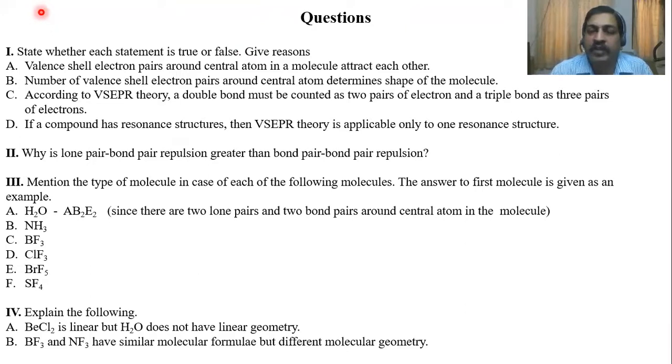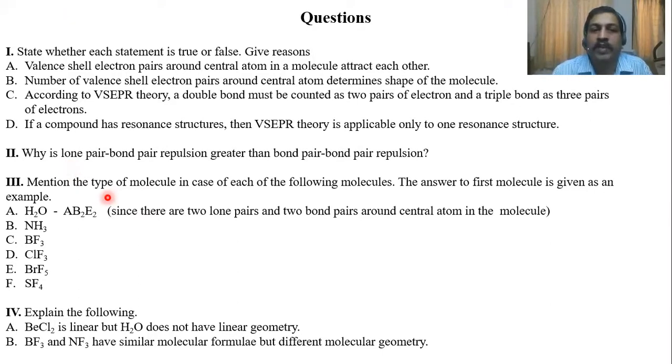You will be able to answer these questions if you have understood the postulates of VSEPR theory. Next, why is the repulsion between lone pair and bond pair greater than bond pair repulsion? If you know the difference between lone pair and bond pair, you will be able to answer this question easily.